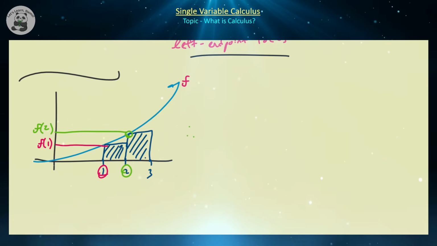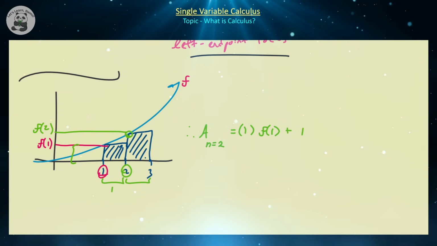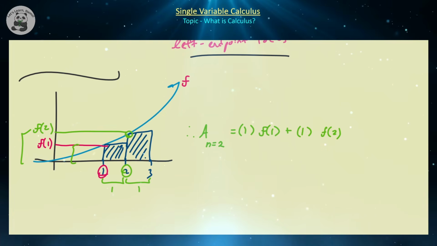So that means this area approximation with n equal to 2 rectangles is going to be equal to the distance here, which is 1, times the height of that rectangle, which is f of 1, and then plus the length of the next rectangle, which is 1, and the height of the next rectangle, which is going to be f of 2.